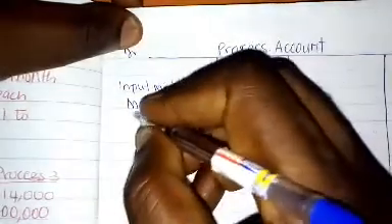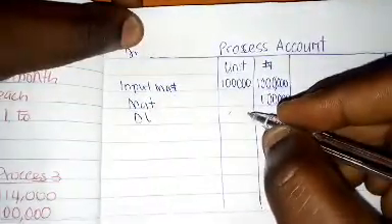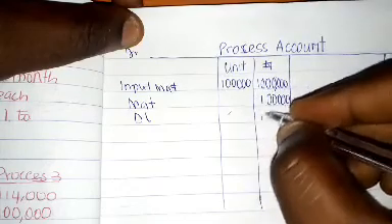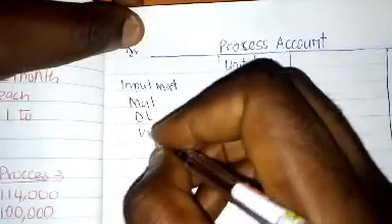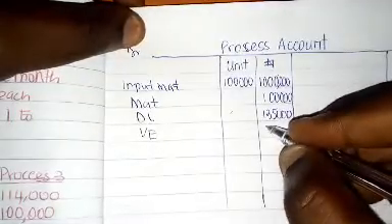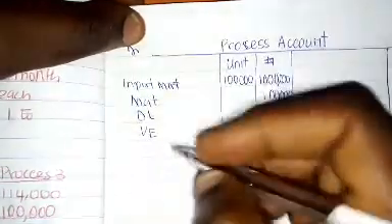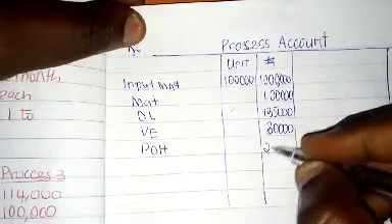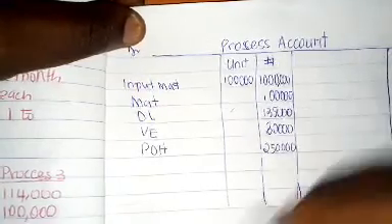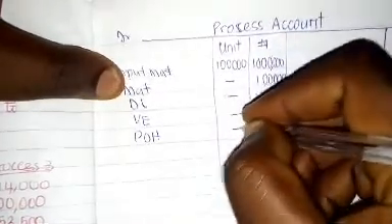Then we have direct labor. Direct labor is how much? 135,000. And we have the variable expenses, and that gives 30,000. Then you debit your production overheads, and that is 250,000. All these don't have units.